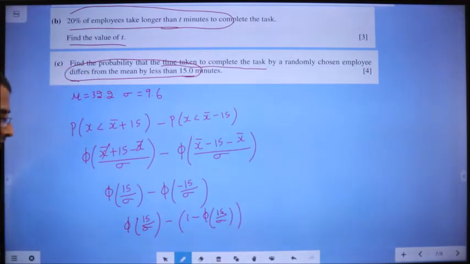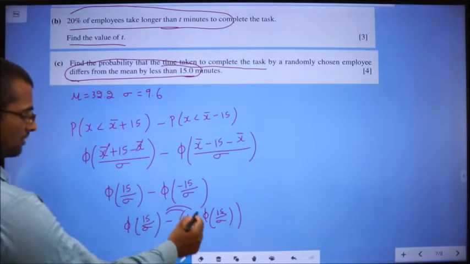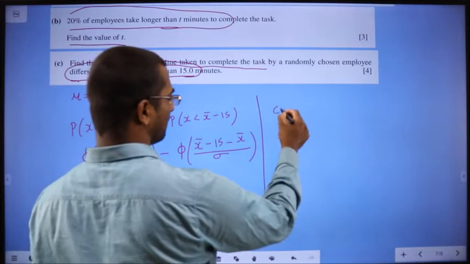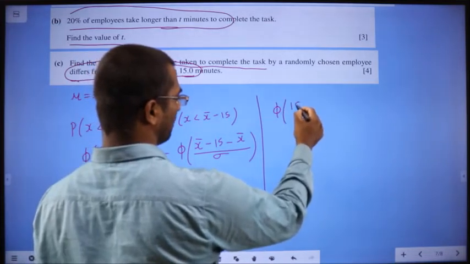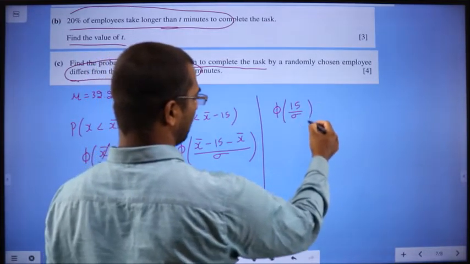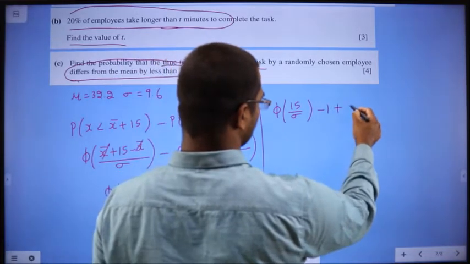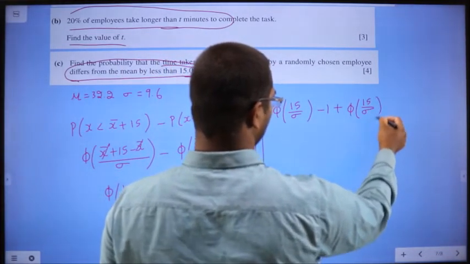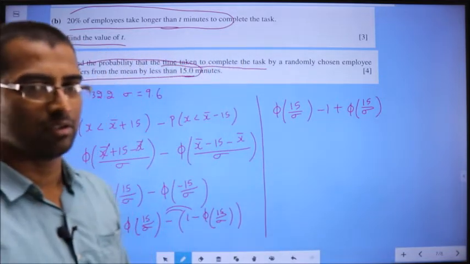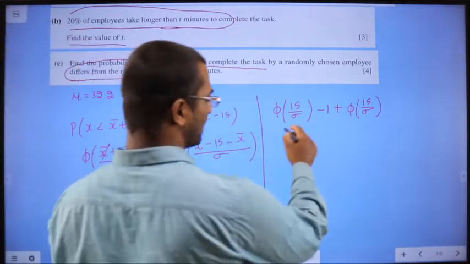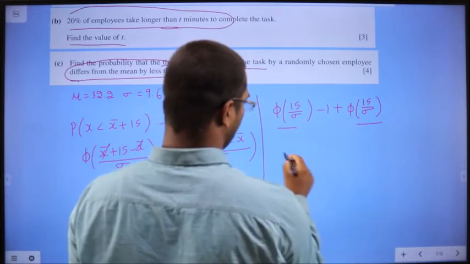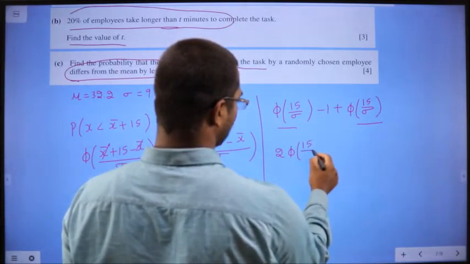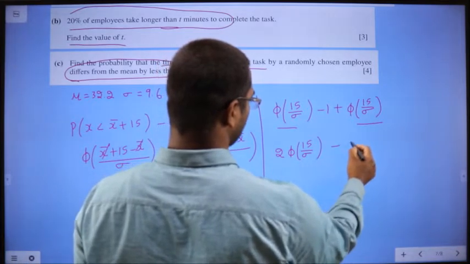Now multiply with the negative sign. So what do I get? Phi of 15 by standard deviation minus 1 plus phi of 15 by standard deviation. Now these two are the same, resulting in 2 times phi of 15 by standard deviation minus 1.